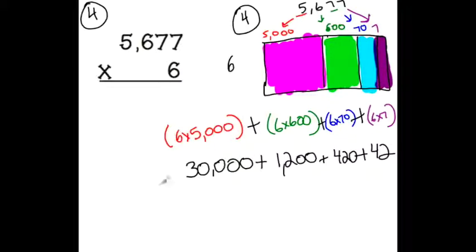Now we need to add these together. So 30,000 plus 1,200, remembering to line up your place value, plus 420 plus 42.